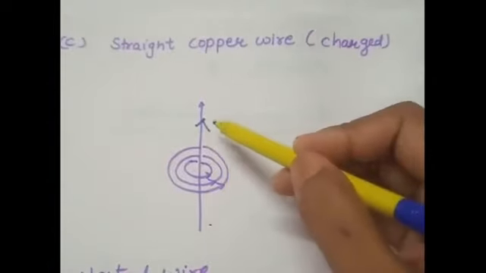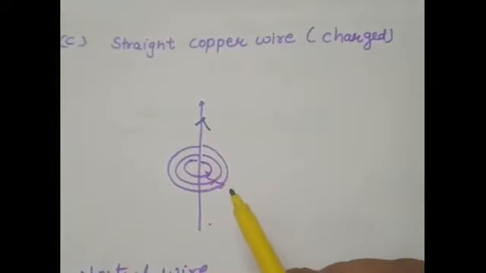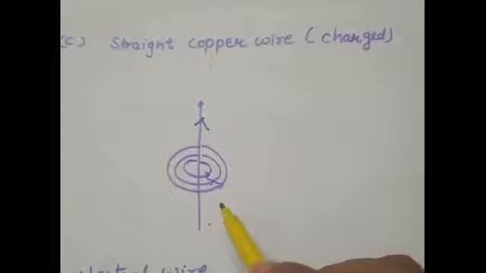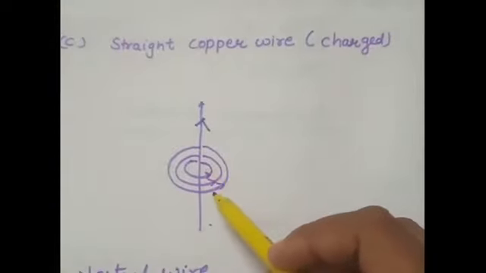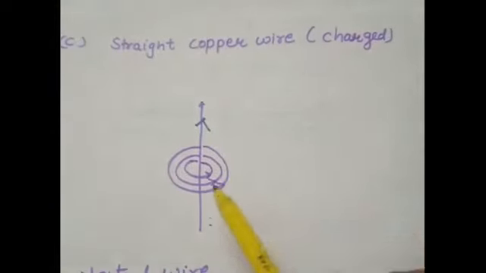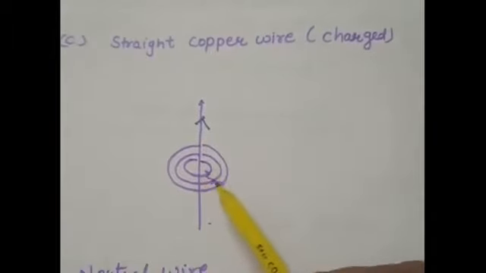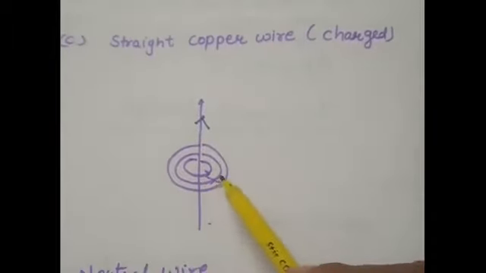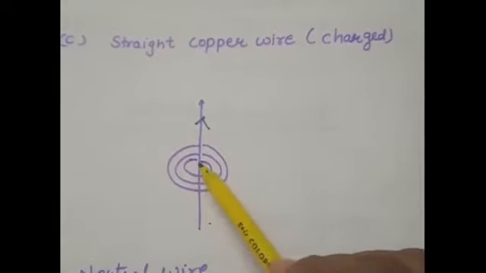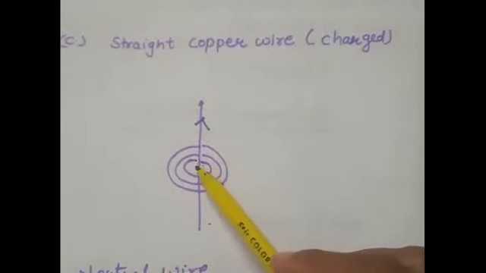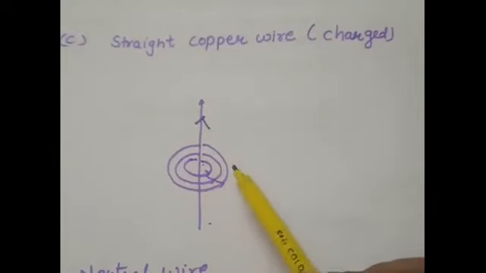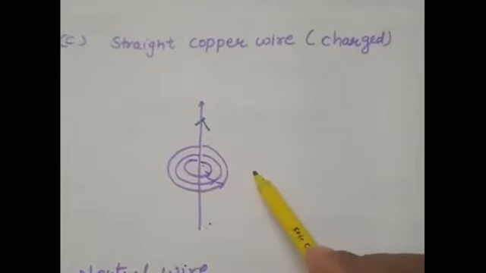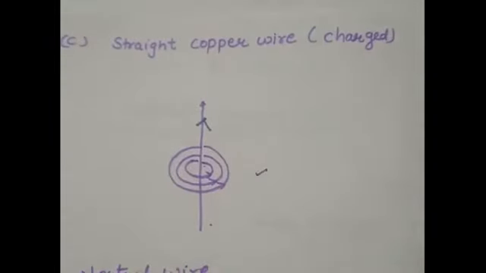According to the right hand thumb rule, or right hand grip rule, applied to the straight conductor carrying current, magnetic field lines will be produced in the form of concentric circles having the straight conductor as the center of all the magnetic field lines. So this is the representation of the magnetic field around a straight conductor.